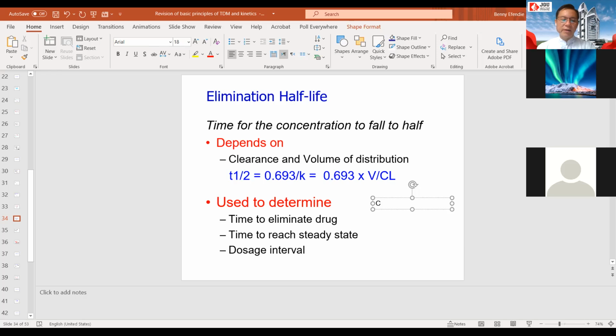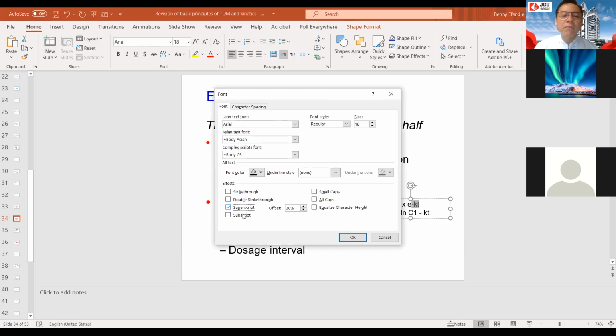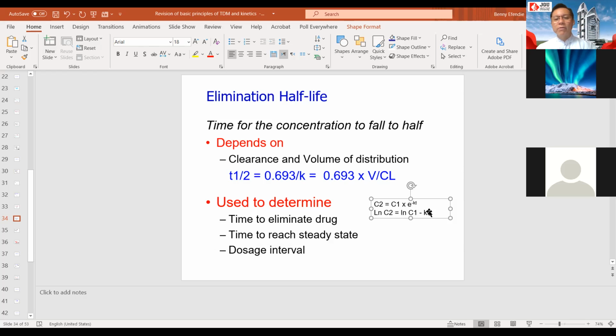In first order, C2 equals C1 times e to the minus KT. So ln C2 equals ln C1 minus KT.